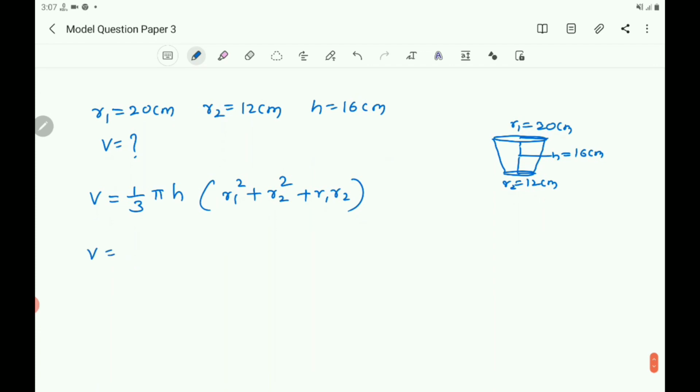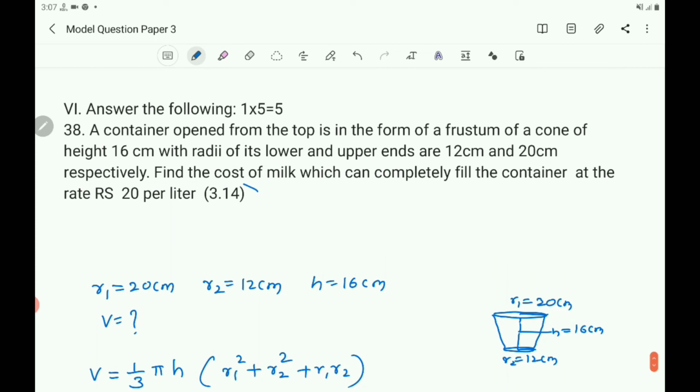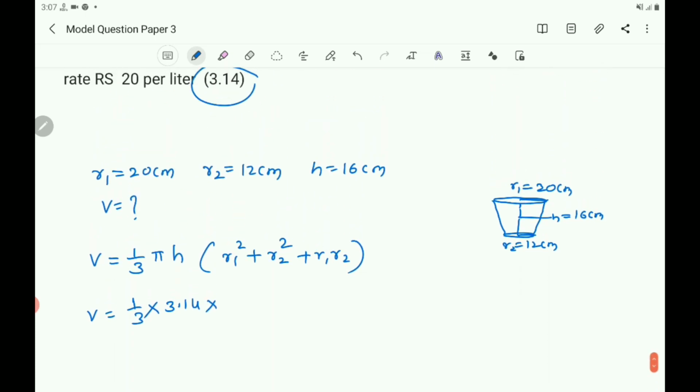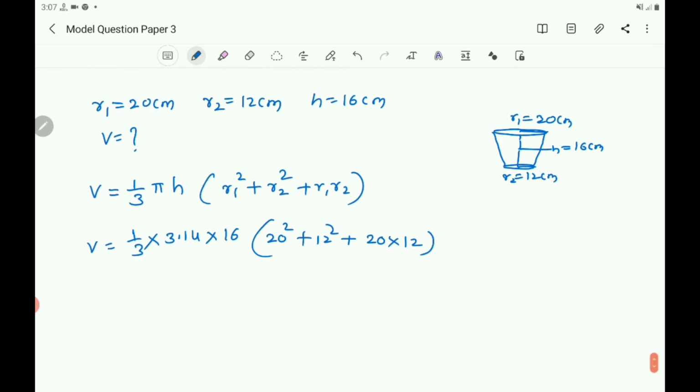That is V equals 1 by 3, pi value you have to take 3.14, into h, which is given, 16. Then R1 square, R1 is 20, so you write 20 square plus R2 is 12, 12 square plus R1 into R2, that is 20 into 12.